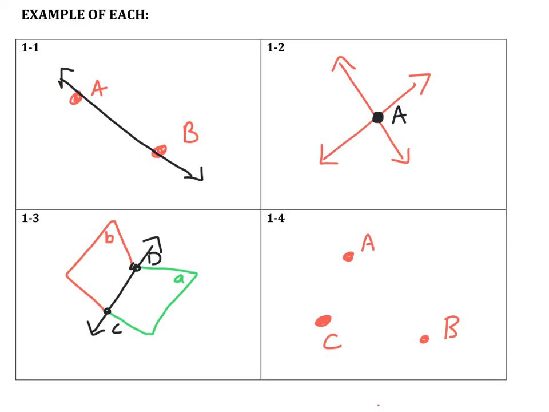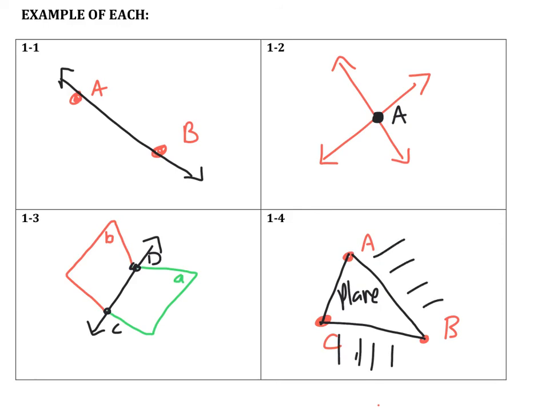If you want to think about this as almost connecting like a triangular shape, that is going to represent our plane. You just want to remember that planes really do extend in all directions. So really this plane does keep going, but A, B, and C are on that plane.